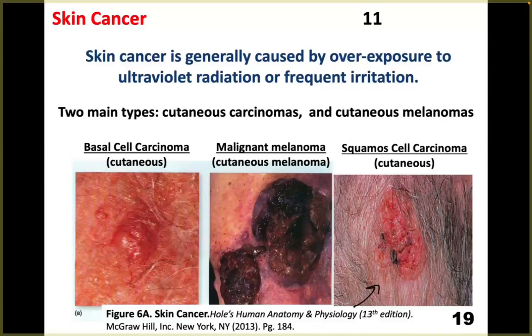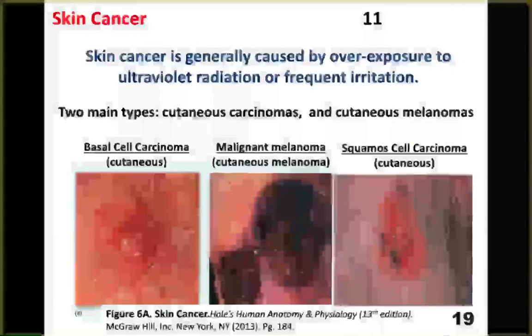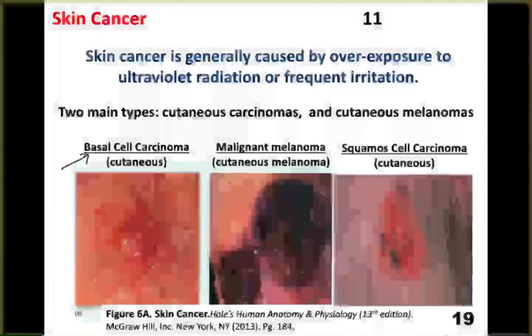So there are 2 types. You have the cutaneous carcinomas and the cutaneous melanomas. And we're going to talk about those. And so in this picture, you can see we have both the different types. So basal cell, you can think of the basal membrane, and squamous cell.